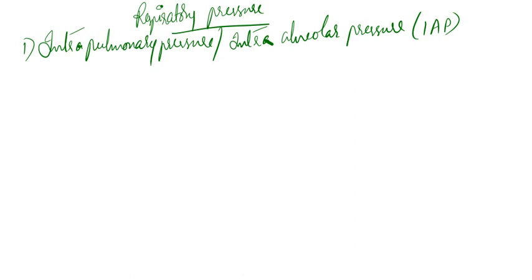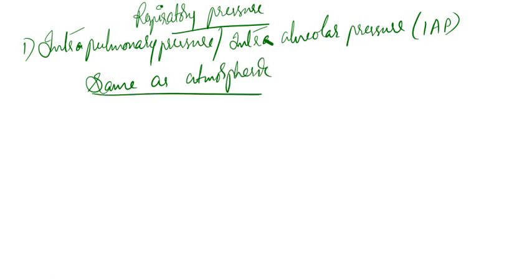So see, listen carefully. Here you should keep your mind completely open. The intrapulmonary pressure or the intra-alveolar pressure is the same as the atmospheric pressure. So it is equal. That's why, have you ever observed, if you just stand still normally, no air will go inside, no air will go outside. That means your lung pressures are completely balanced with the external atmospheric pressure.